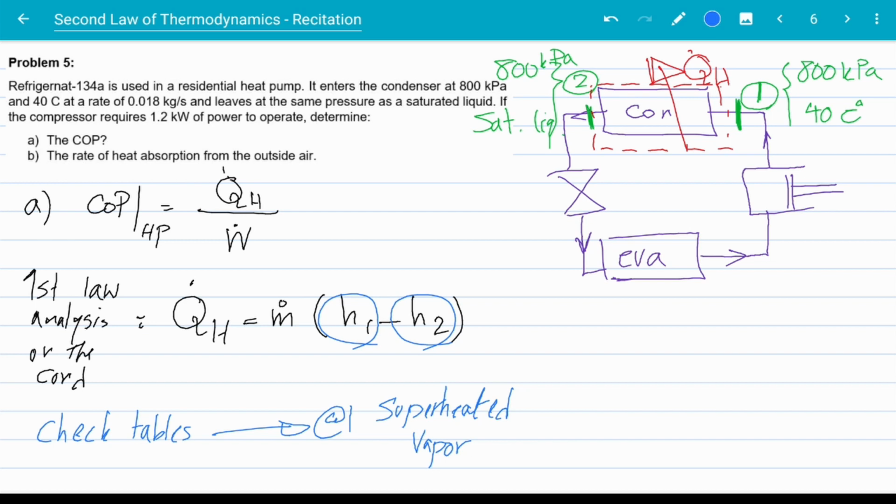So from the tables, we get that H1 is 276.45 kilojoules per kilogram. Now, how about H2?